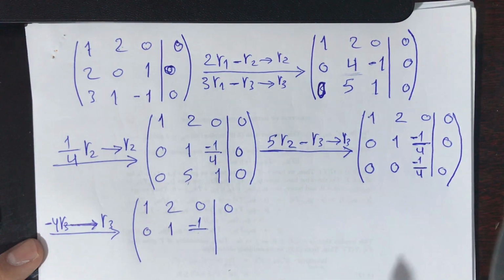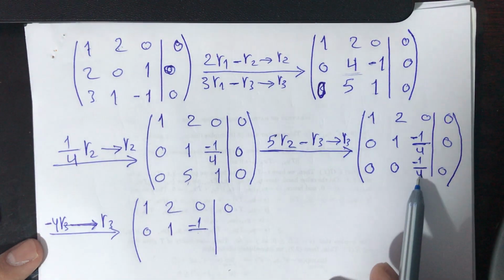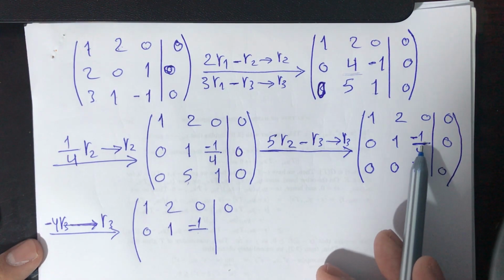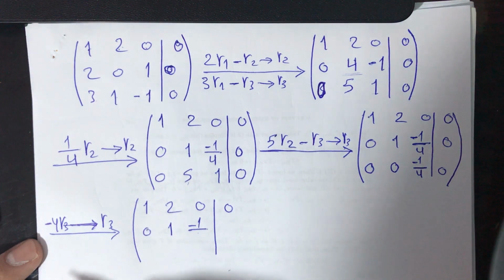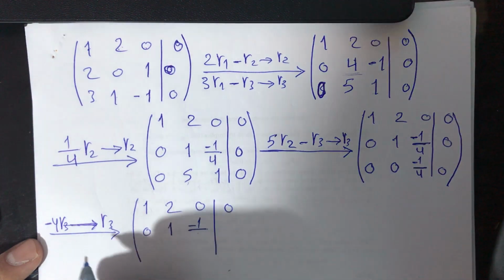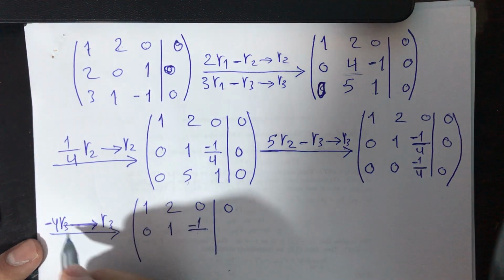Okay, you can sum this with this, and here will be 0. Yes, we can do it like this.